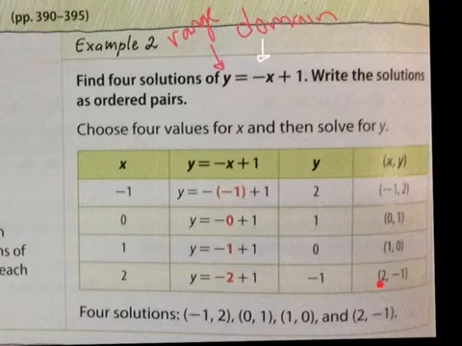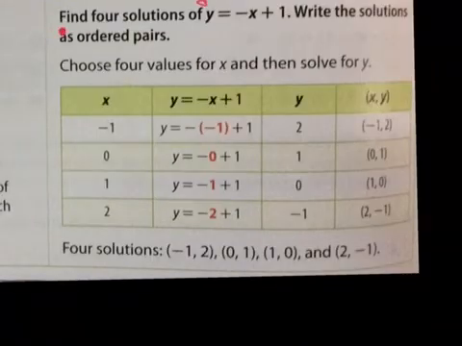And then you have your ordered pairs. These are the numbers we chose, and then we just replace the variable x, and we have our ordered pairs. So when they tell us to find 4 solutions, and we come up with 4 different values for x, 4 possible solutions would be the ordered pairs that you've created.